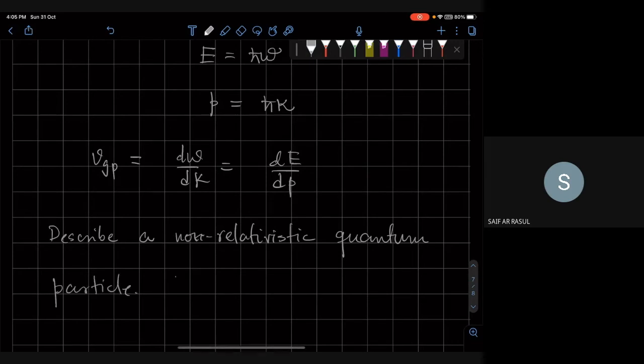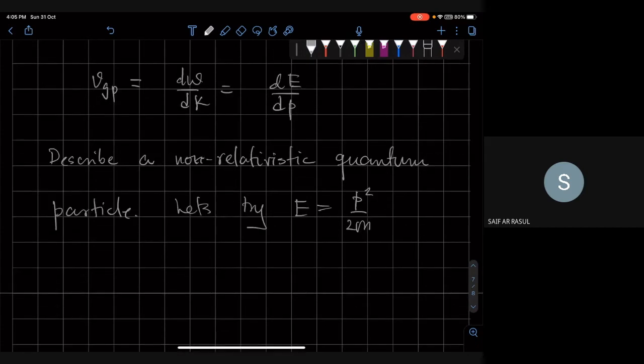So let's try the classical expression for a free particle, which is E equals P squared by 2m. In that case, we see that the group velocity is nothing but P over m, which is the velocity of the particle, right?